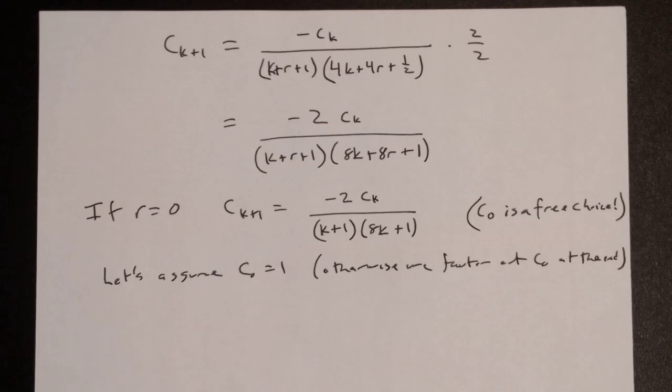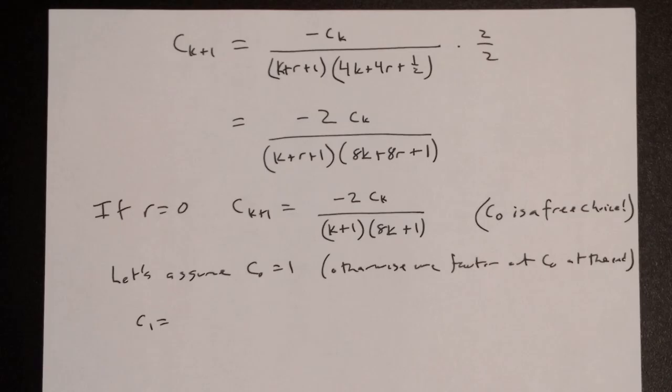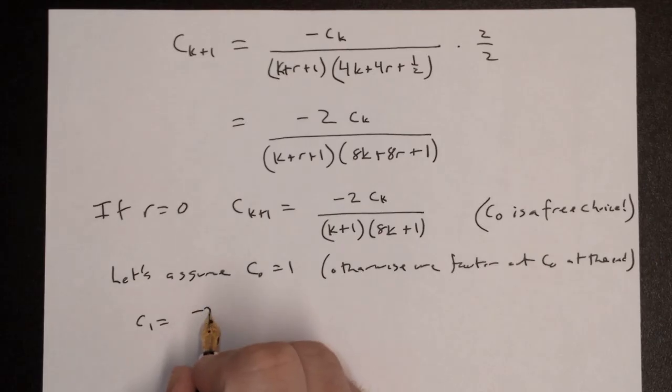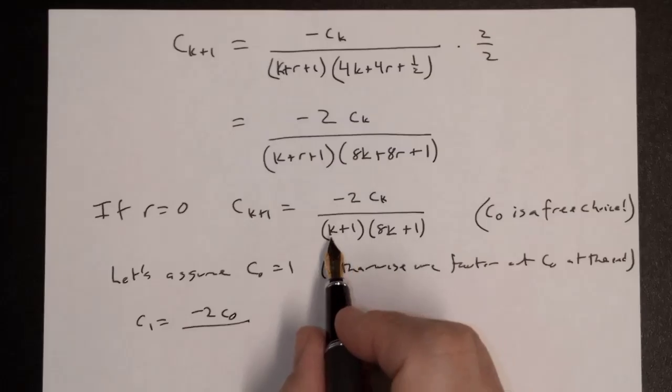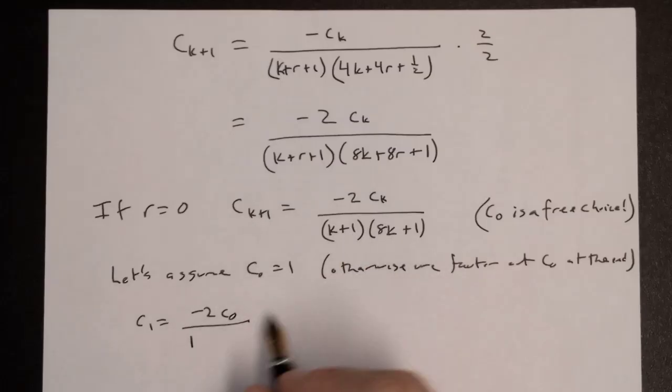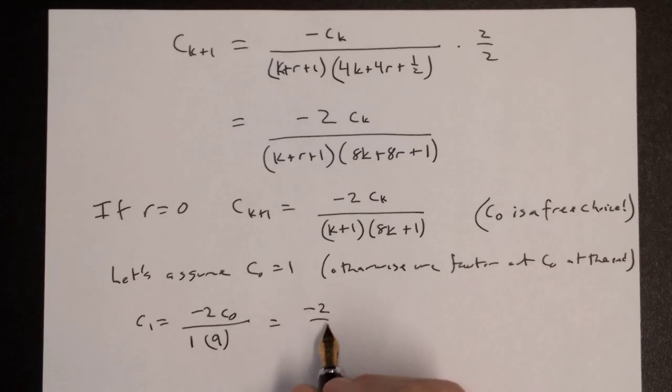So if C0 is 1, what's C1? Plug it in. Minus 2C0 over K plus 1, 8K plus 1. Minus 2/9, because C0 is 1.